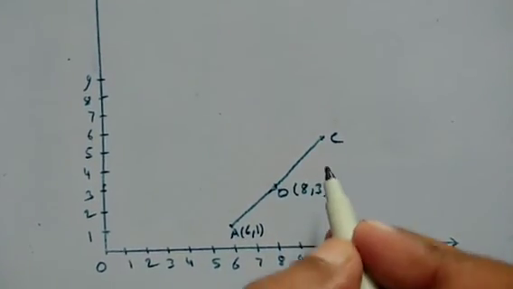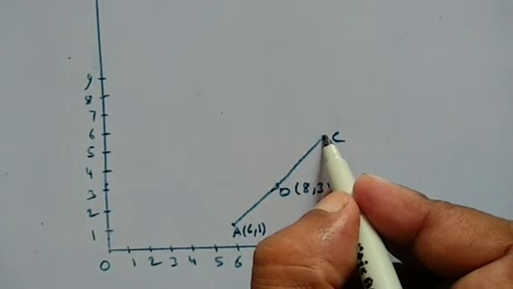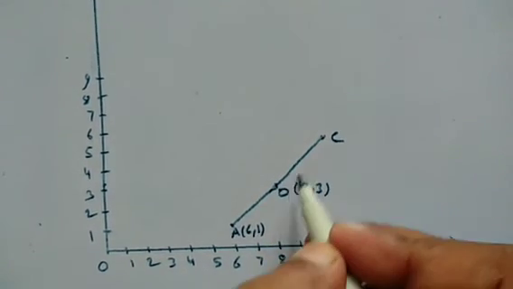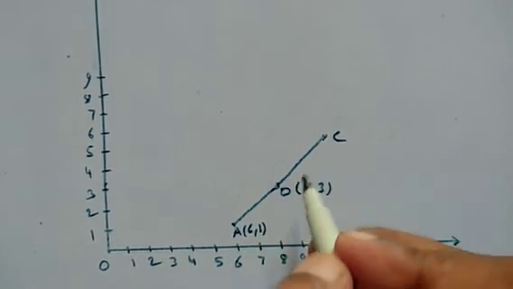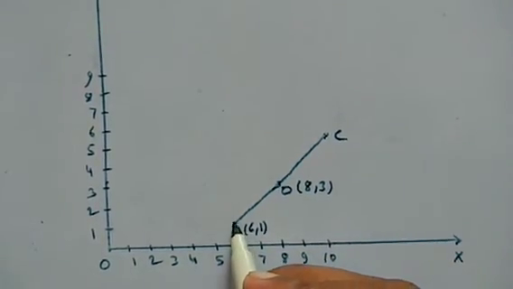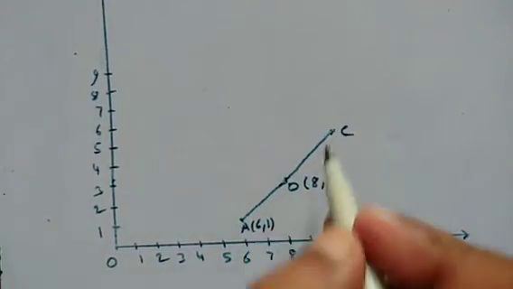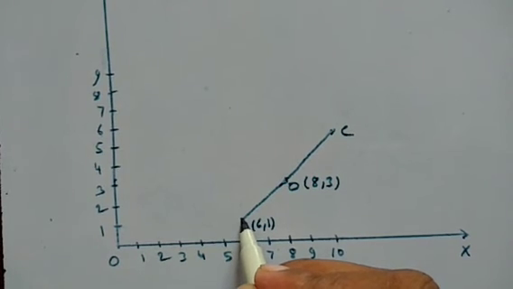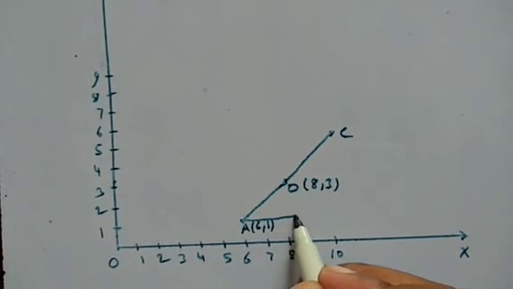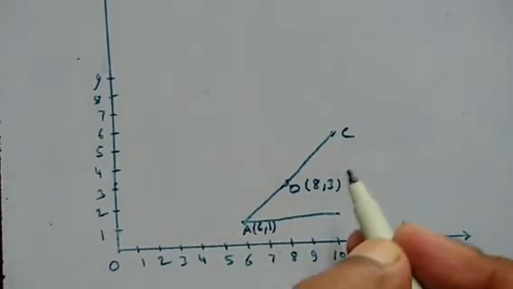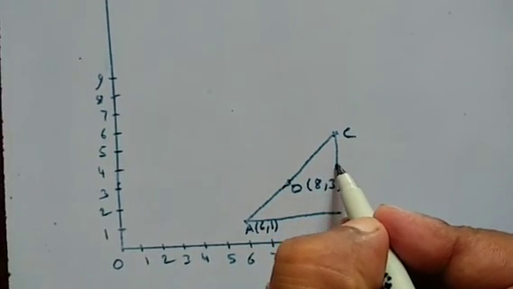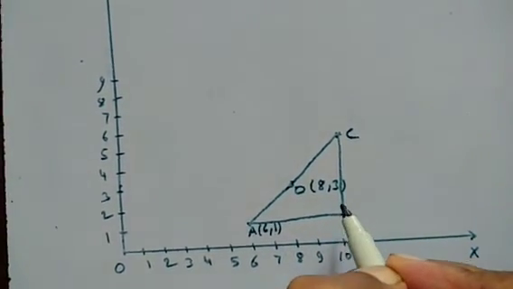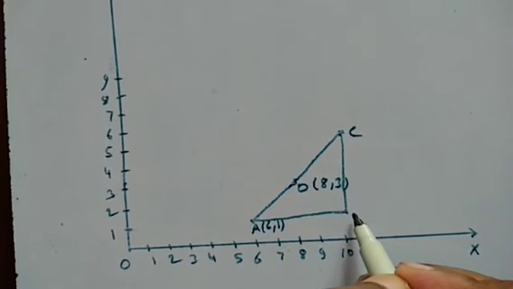After that we draw a perpendicular line from C and another perpendicular line from A. Both perpendicular lines intersect at this point.